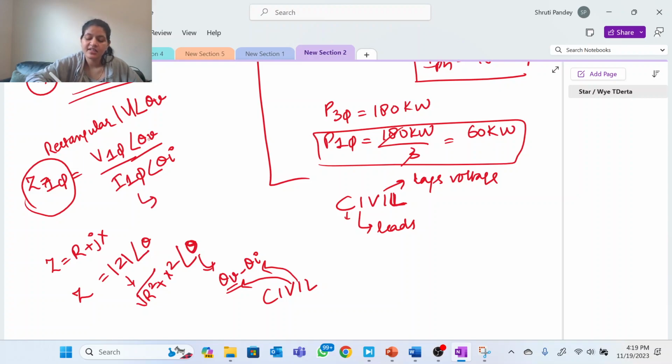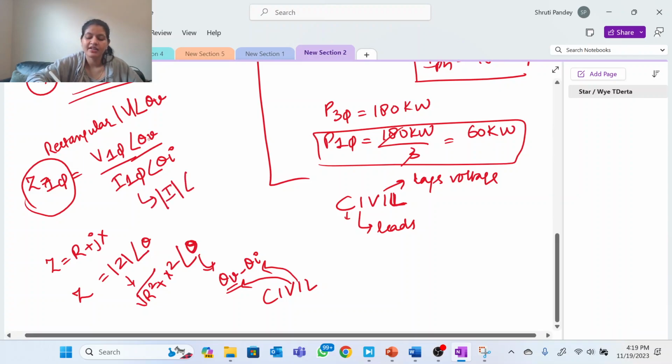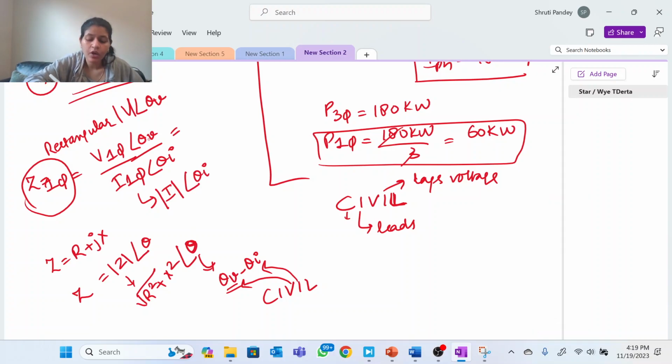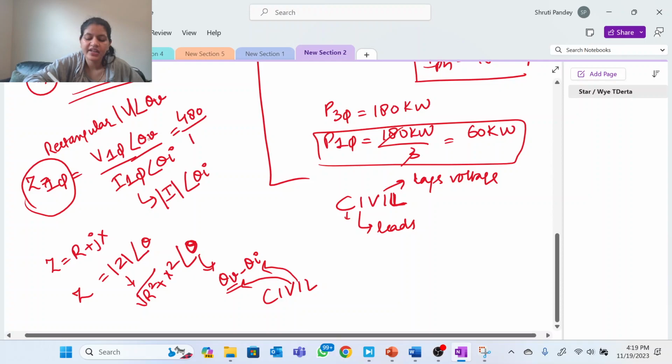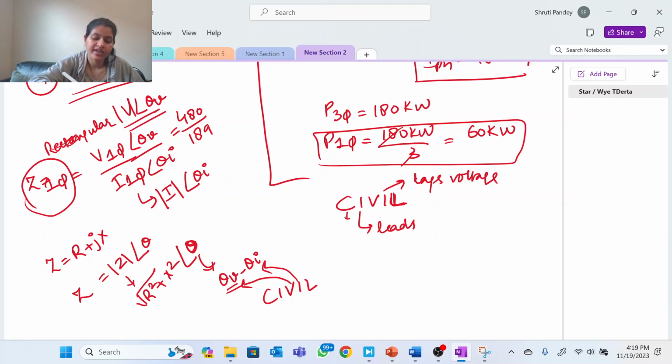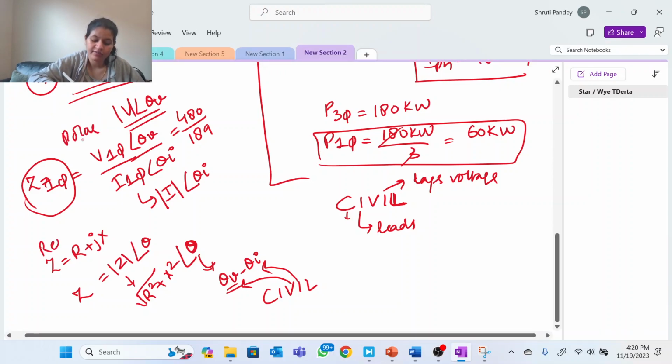Whenever current is written in polar form, this is the magnitude and this is the current angle. So now I'll write it down again. It was 480, it was 189, and this is all polar form, not rectangular. I'm so sorry for writing it wrong. So this is polar form, this is rectangular.